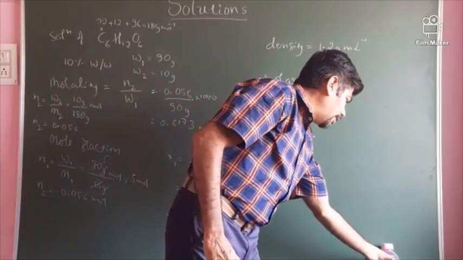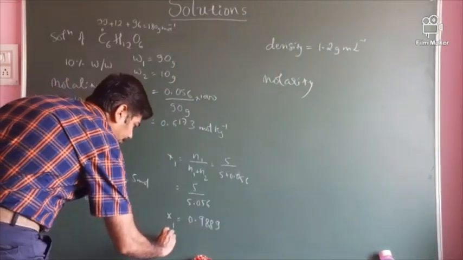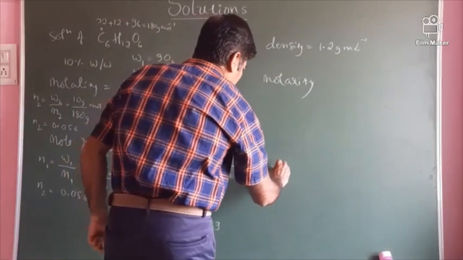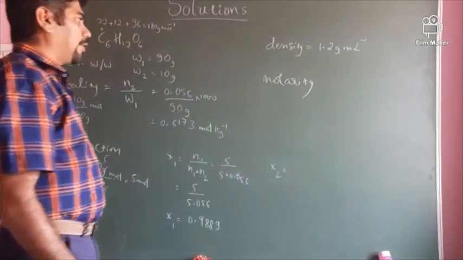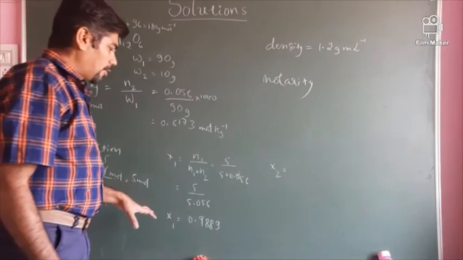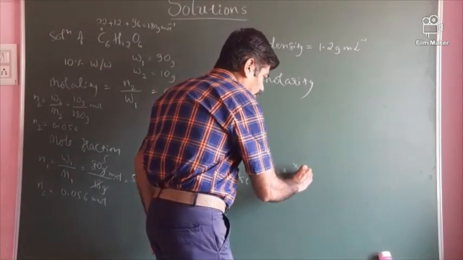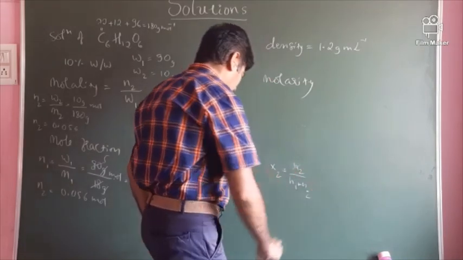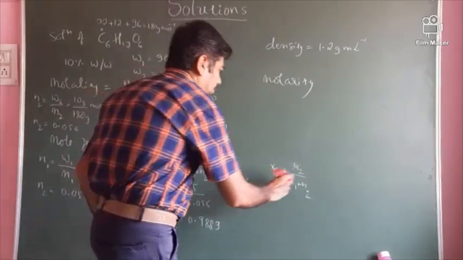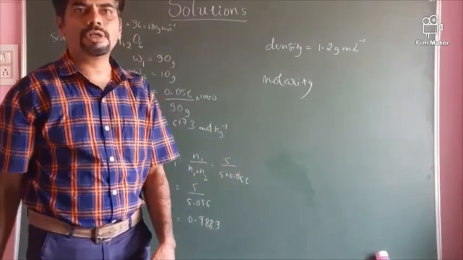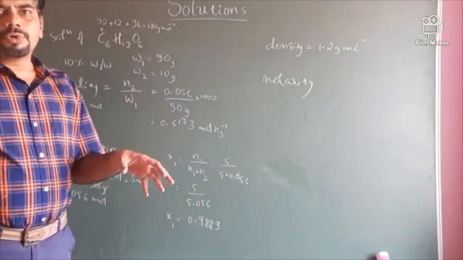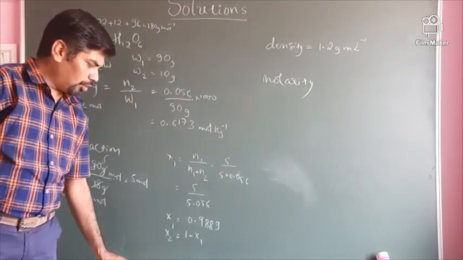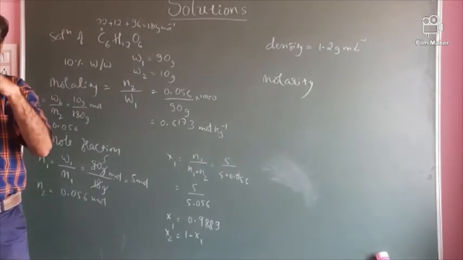And to calculate X2, let me write here. I'm not sure if this part of the board is visible. To calculate X2, you have two different ways to do it. First one is to go with the formula X2 equals N2 divided by N1 plus N2, which is quite a tedious job. So instead what I suggest is, you always know in a binary solution, the mole fraction of one component is always 1 minus the mole fraction of the other component. You should bother only when it is a trinary or multiple-component solution.